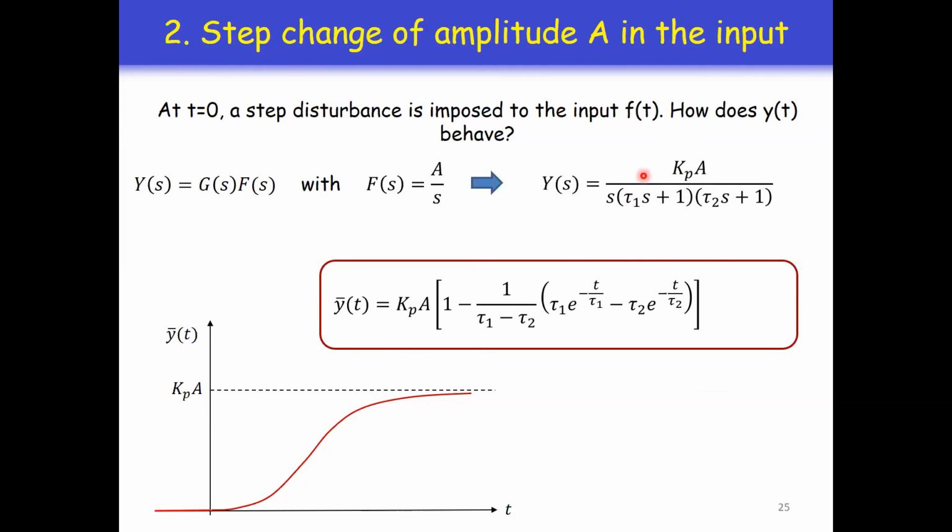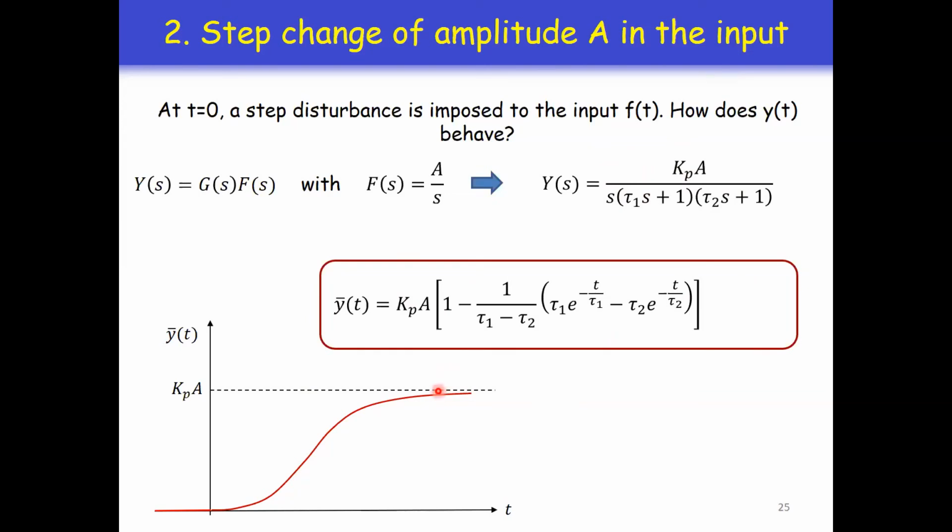But you want the response in the time domain. So you have to anti-transform using Heaviside or partial fractioning methods, as you wish. The anti-transform is this unpleasant expression with two exponentials.